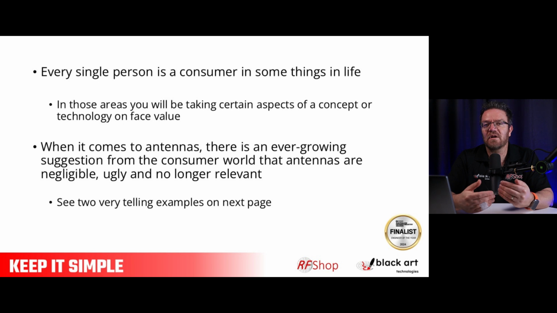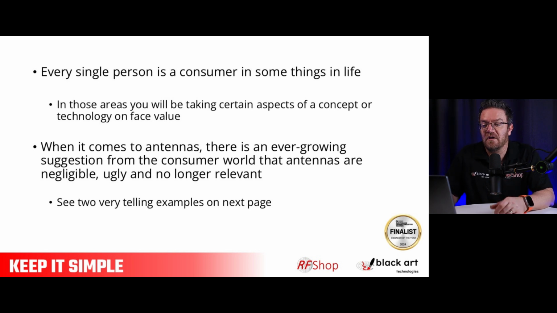So it is quite interesting that the consumer world is constantly bombarding us with the fact that there is no antenna, because we don't want to see them anymore, because the market told us we don't want to see them anymore. And then that drives the complexity on antennas, that people don't think they are relevant, they're not necessary, we can do it all in software.